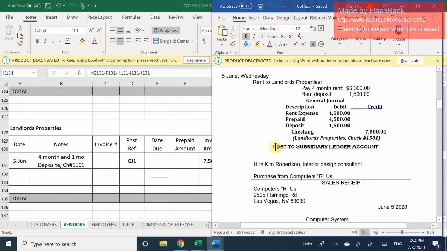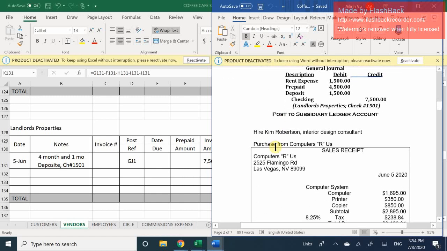Okay, now that we dealt with rent, the next thing says that we hired Kim Robinson to do interior designing consultation. All right. Do we need to record this transaction?